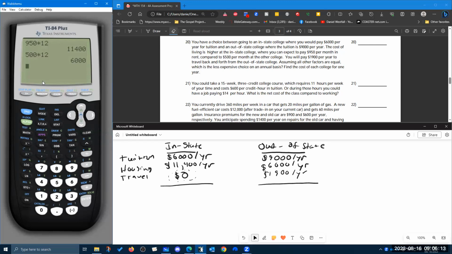So 6,000 plus 11,400 is going to be $17,400 a year here.